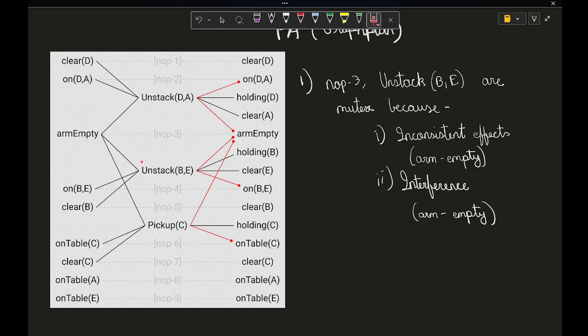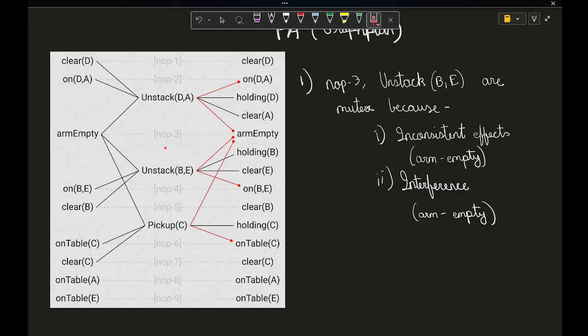Let's again look at arm empty, because that's the only common one between them. Firstly, the first condition, competing needs, will not happen here because all the propositions in this layer are non-mutex. So we don't need to check competing needs. We only need to check inconsistent effects, interference, and the fourth condition.